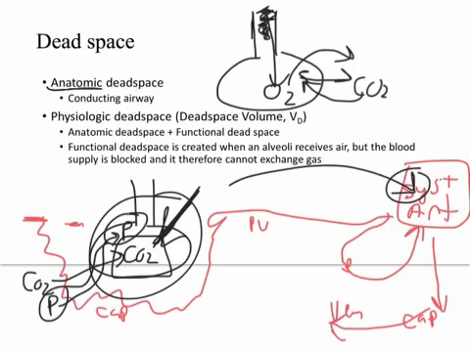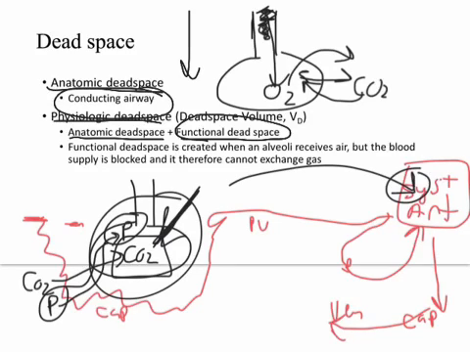You have two types of dead space: anatomic dead space and physiologic dead space. The anatomic dead space is your conducting airway. Then your physiologic dead space includes all of the conducting airway plus something called functional dead space. Functional dead space is any alveoli that is getting air into it but is not getting blood.